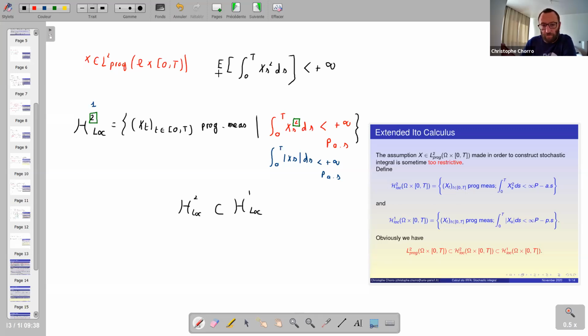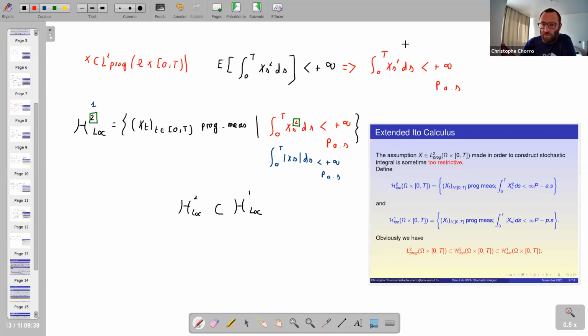What is more, I know that if the expectation of the integral of the square is finite, necessarily, as a result from probability theory, if you have a random variable with a finite expectation, this random variable is finite P almost surely. So if the expectation of this integral is finite, it implies that the integral inside the expectation is a random variable that is finite P almost surely.